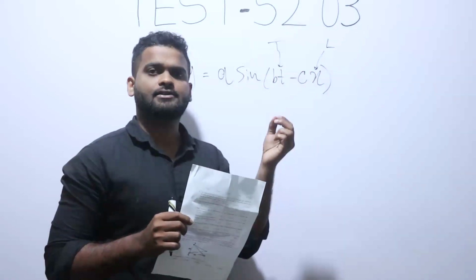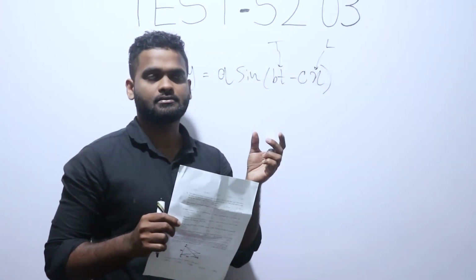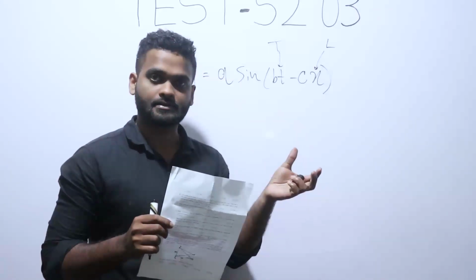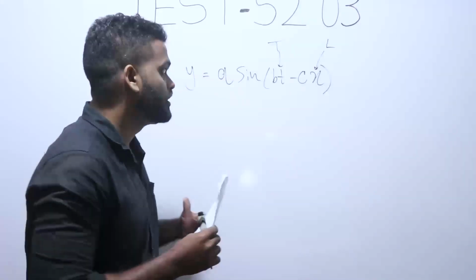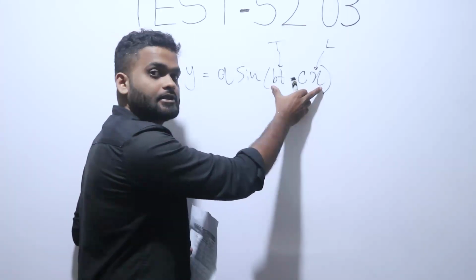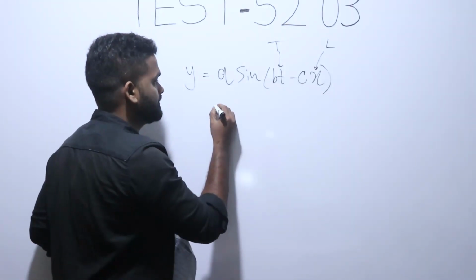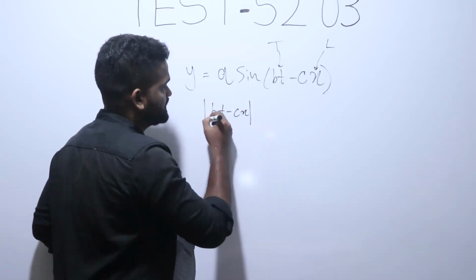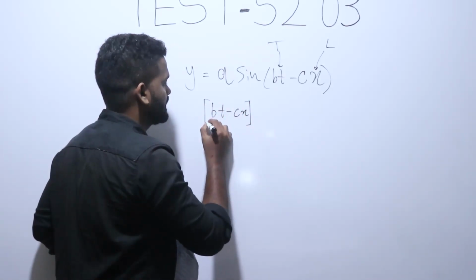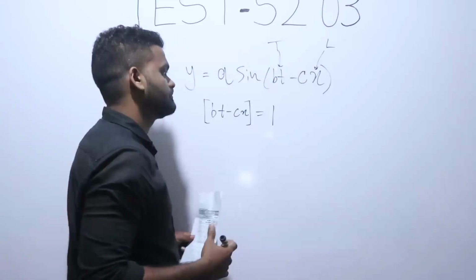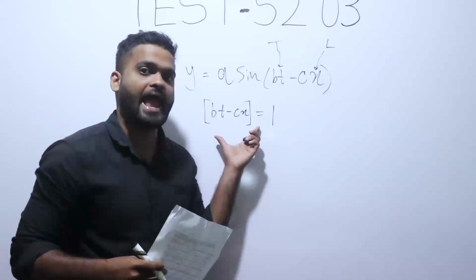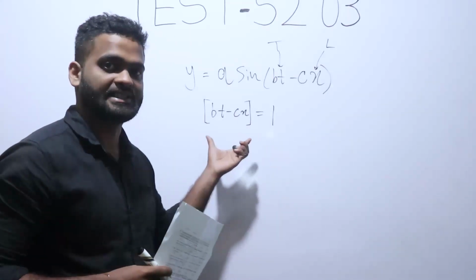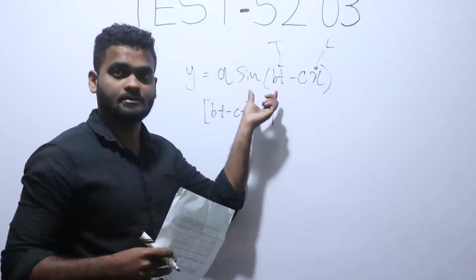Angles are dimensionless, so this whole part does not have dimension. The dimensions of this whole thing is just 1, because this is an angle inside sine.